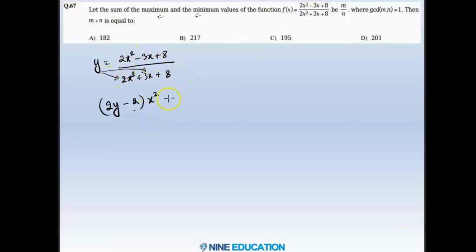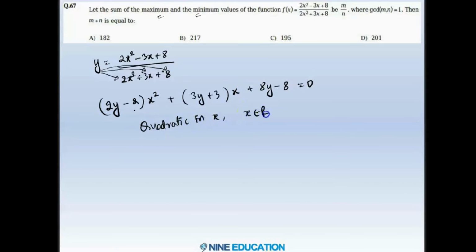So I can write, after taking x as common, 3y plus 3. And then we have y into 8 also, so we have plus 8y minus 8 equal to 0. Now this is a quadratic in x, and for real values of x, definitely D has to be greater than or equal to 0. D means discriminant.